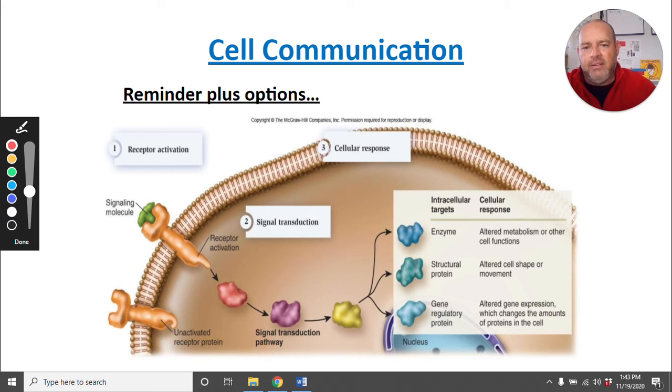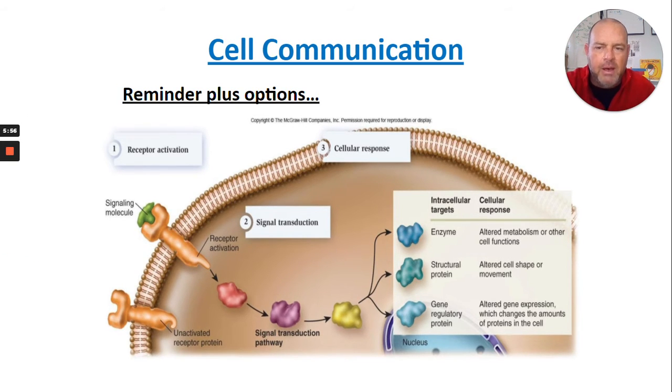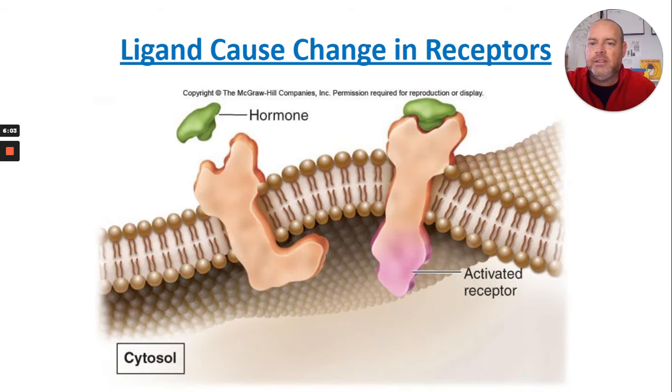And then you have your cellular response, which really doesn't necessarily take place up here in the membrane, but it can be any sorts of things like this. It can be targeting an enzyme, it could be targeting a structural protein, it could be targeting another gene. So there's lots of different ways the cell could respond. It just depends on the message. There's thousands or hundreds of thousands of different ways that could actually take place and respond.